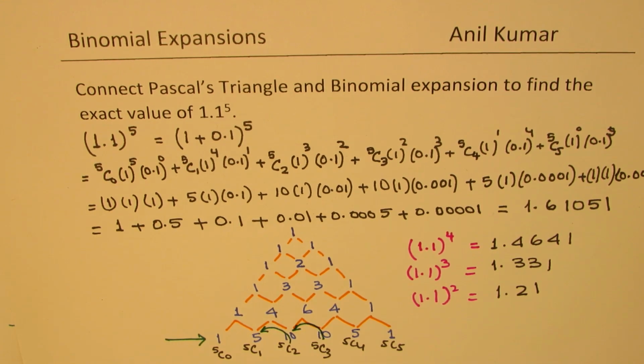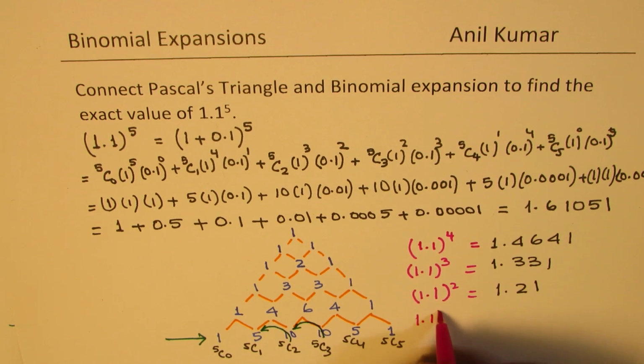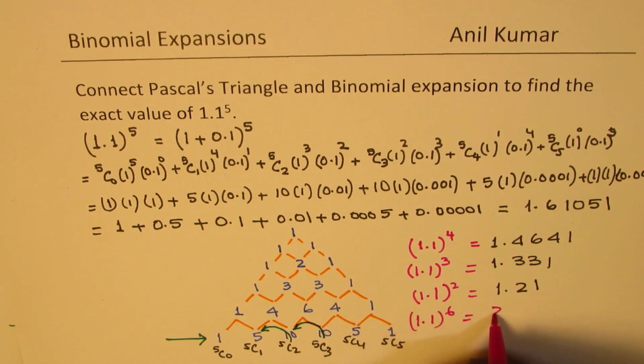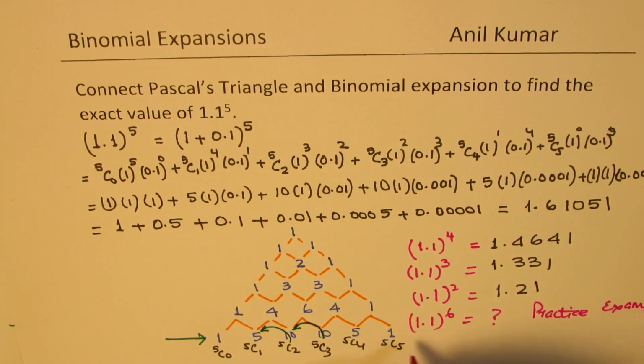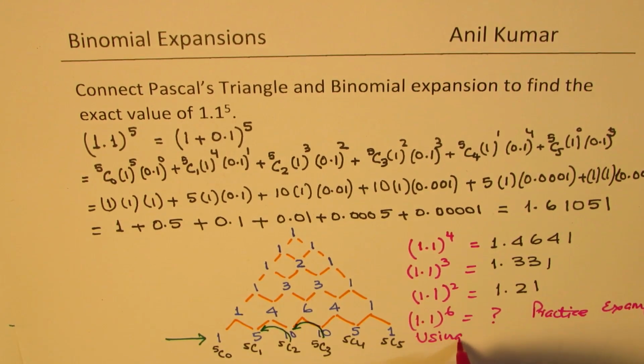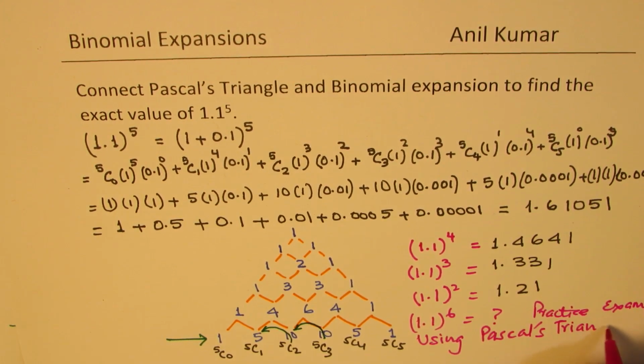So now the question for you is to find the value of 1.1 to the power of 6. Let this be your practice question, and you need to find this using Pascal's triangle.